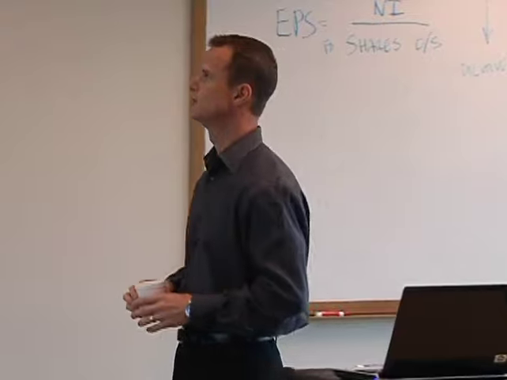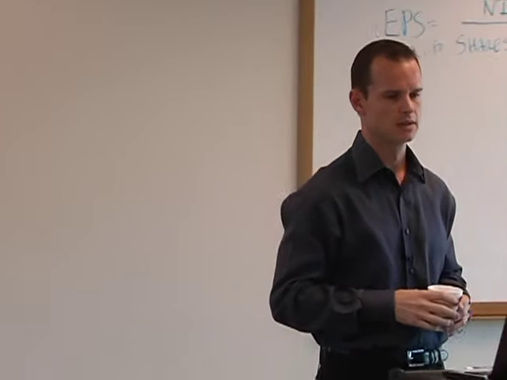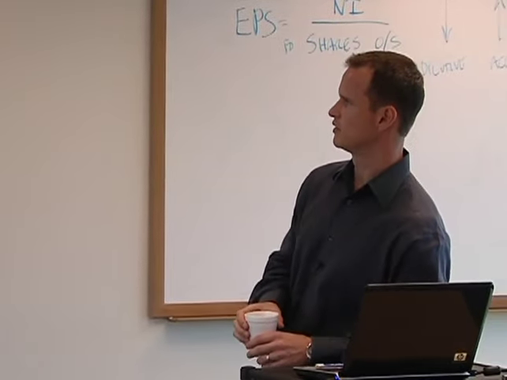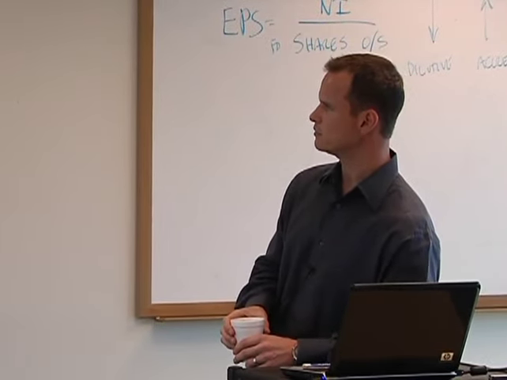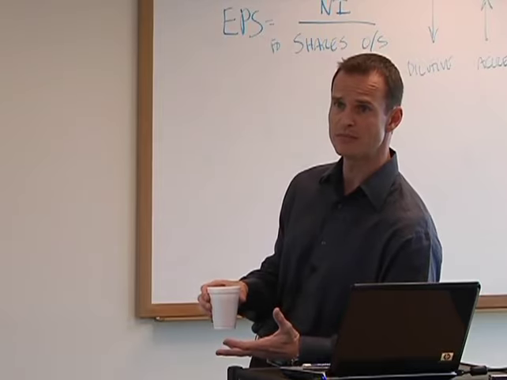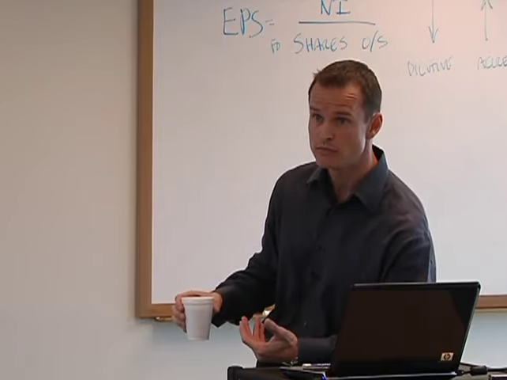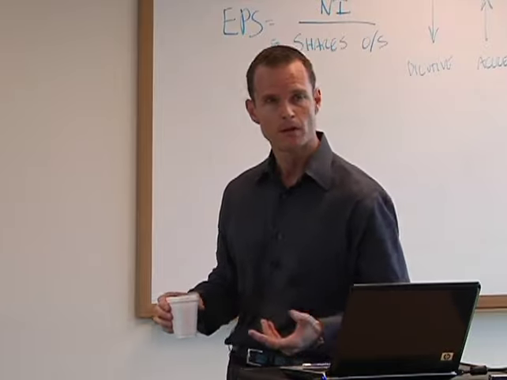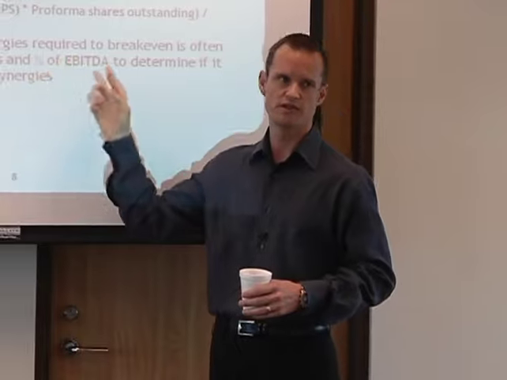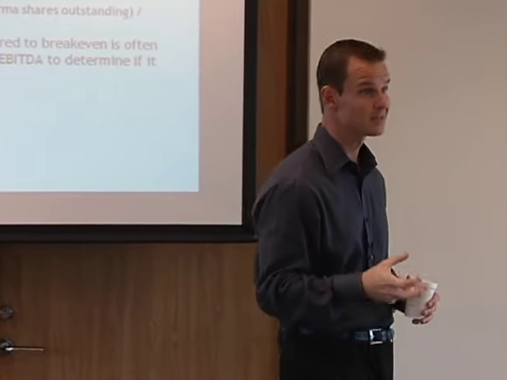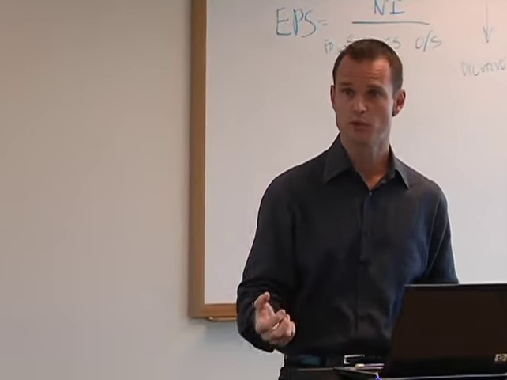The calculation for pre-tax synergy is pretty straightforward. Again, we're just solving for what the amount of synergies would need to be. You'll see this in the model when we get into it. We'll solve for the amount of synergies to make the deal break even. And once we know what that pre-tax synergy amount is, say 100 million, 200 million, or whatever, a lot of times what we'll do is look at that as a percentage of revenues, maybe a percentage of EBITDA, maybe as a percentage of operating expenses, to see exactly how feasible it would be.